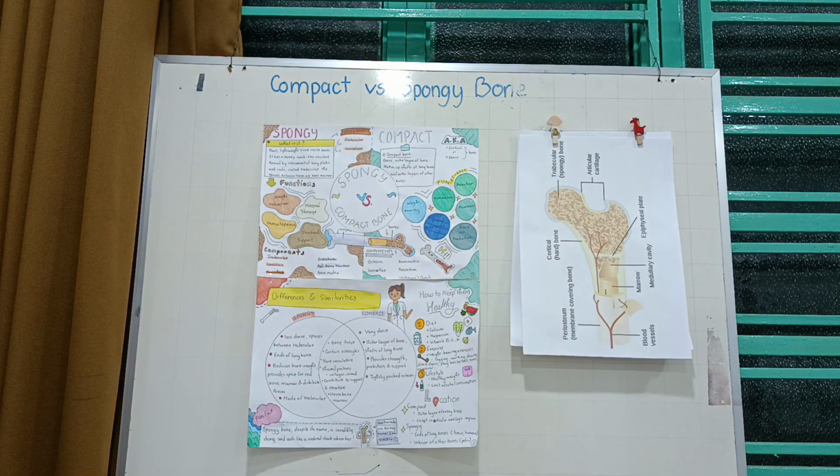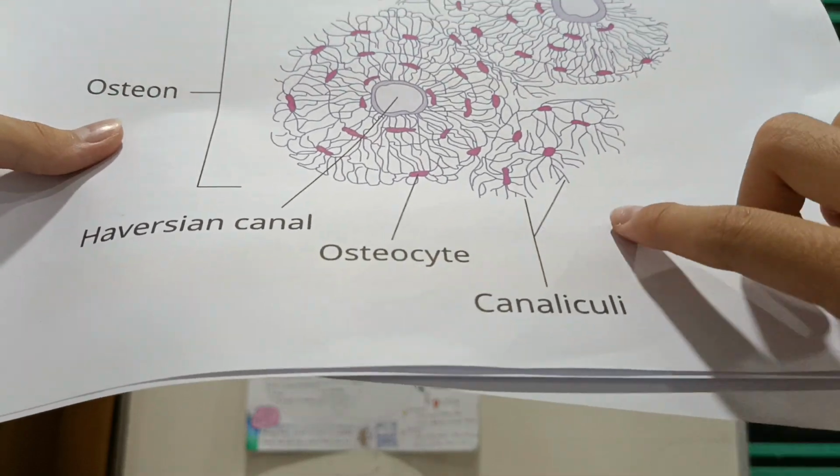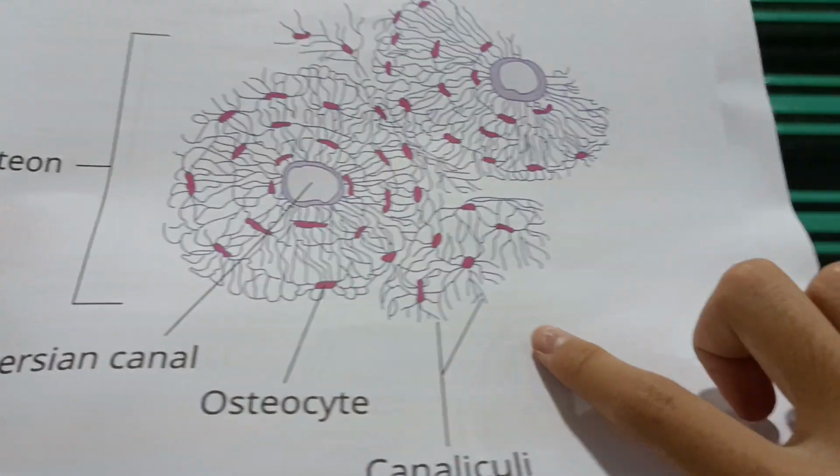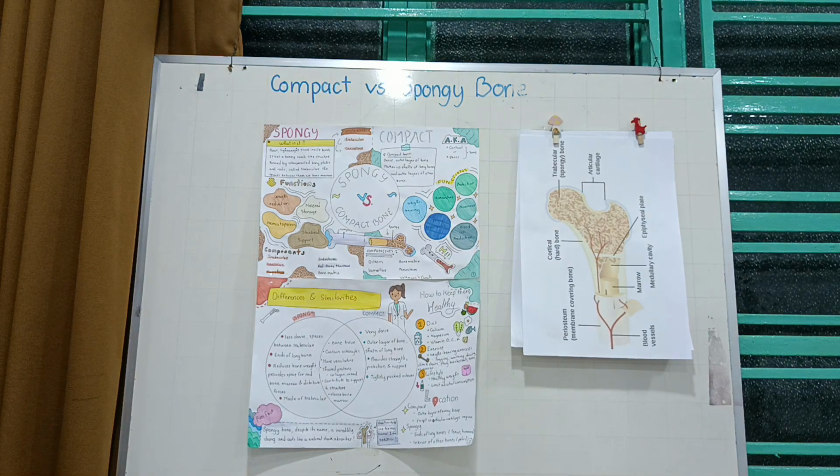So here is a picture of the canaliculi. It's basically the ends of the osteon. So that is the canaliculi, as you can see here. Those are the little tubes.